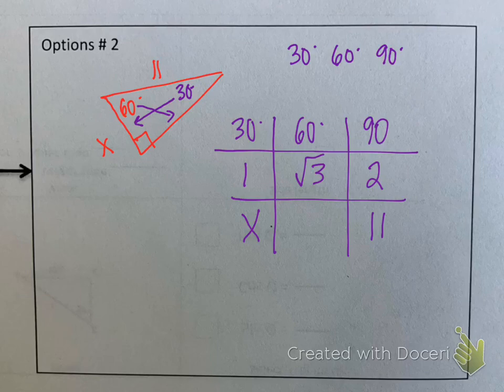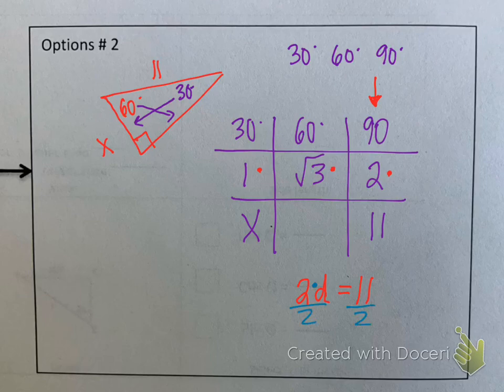From here, we look at which column has just numbers, so we could find the scale factor, and that would be this third column. So trying to find our scale factor, we are saying 2 times what number would get us a new side length of 11. So again, technically you're just taking 11 and dividing it by 2, or if you want to write an equation, you're saying 2 times what dilation gives me a value of 11. So the opposite of multiplying by 2 would be dividing by 2.